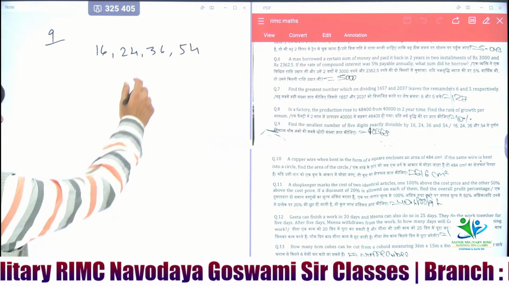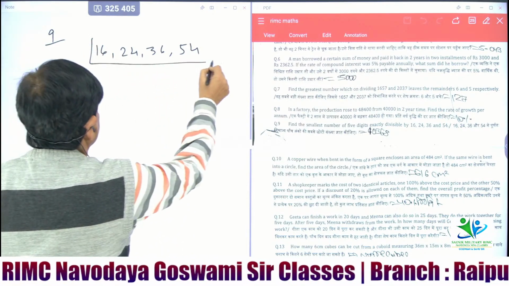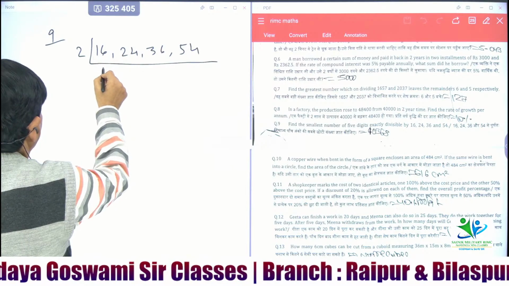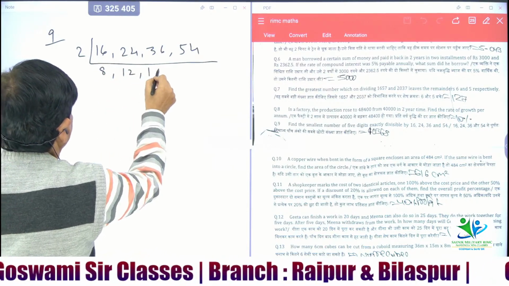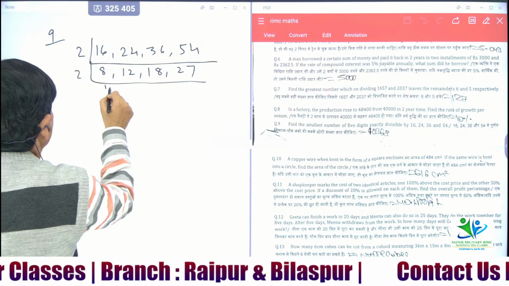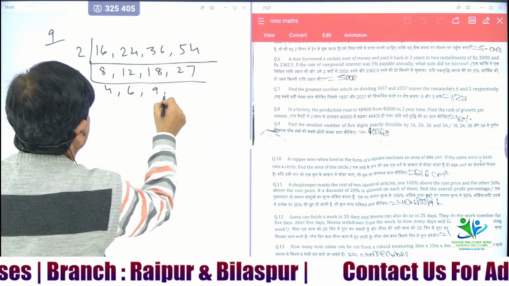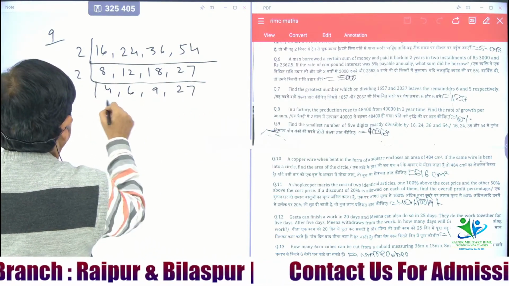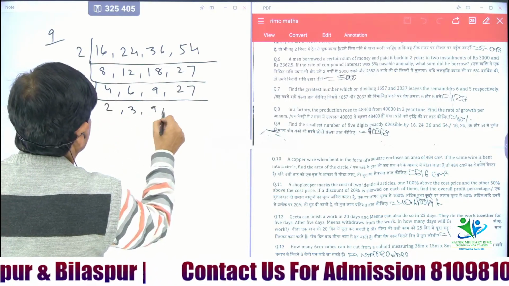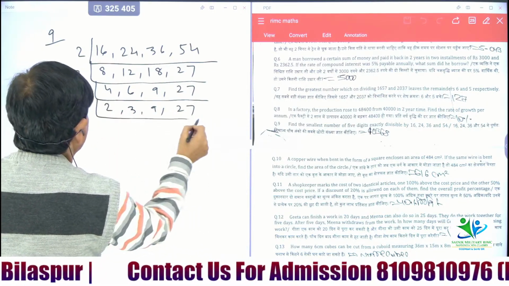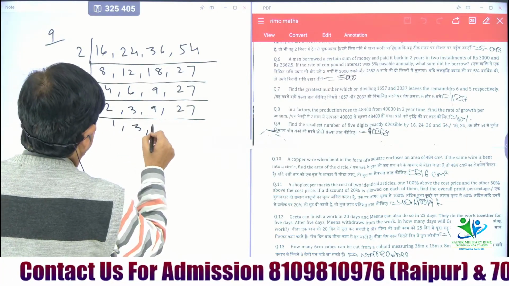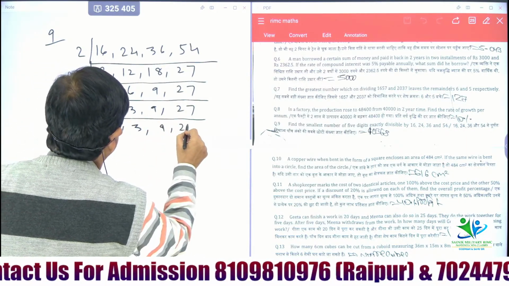So first you take the LCM of these numbers. If you take 2 here, you get 8, 12, 18, 27. Again take 2, you get 4, 6, 9, 27. Again take 2, you get 2, 3, 9, 27. Again take 2, you get 1, 3, 9 and 27.